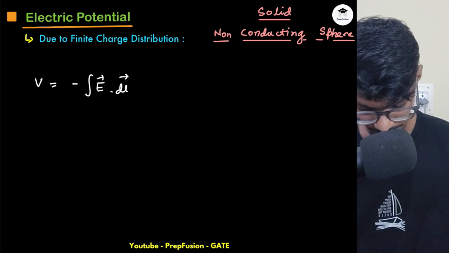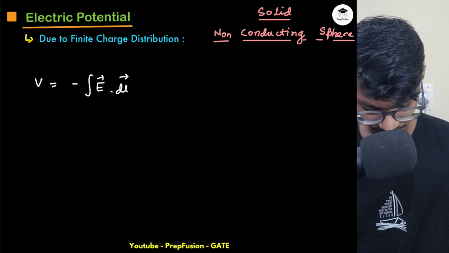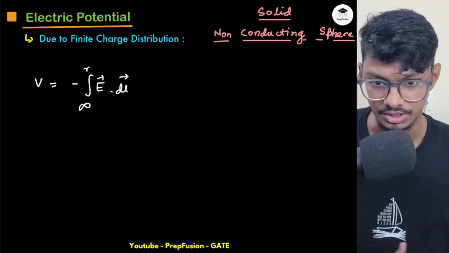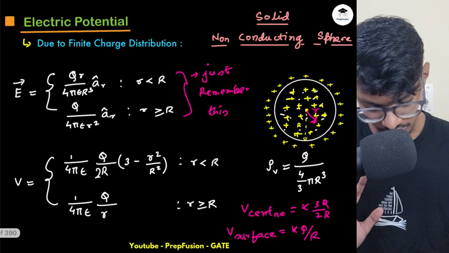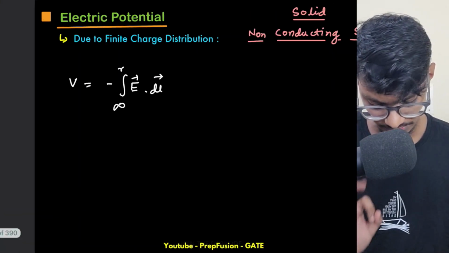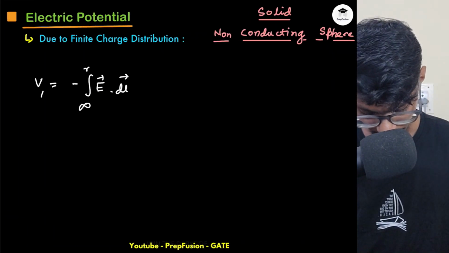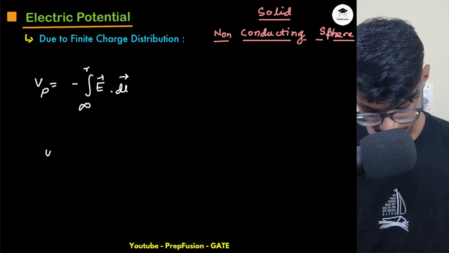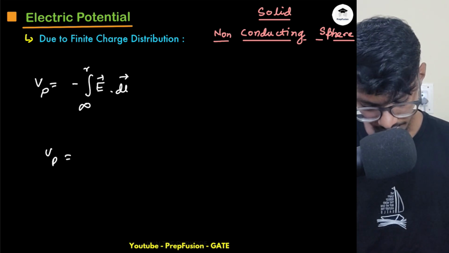One point will be r equals infinity, going to r equals r. Why? Because at r equals infinity the electric field will be 0, and hence the potential will also be 0. This much information I know, so I will be able to calculate the potential at P. So Vp will be, what is dl?